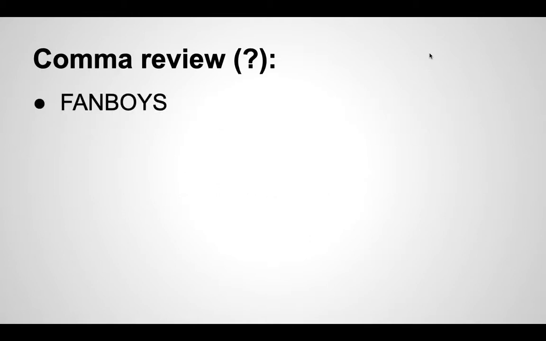So review for commas. First of all, one of the main uses of commas that you're going to see on the SAT is to join two independent clauses together. And we remember the acronym FANBOYS, which is for, and, nor, but, or, yet, and so. We'll see that frequently.